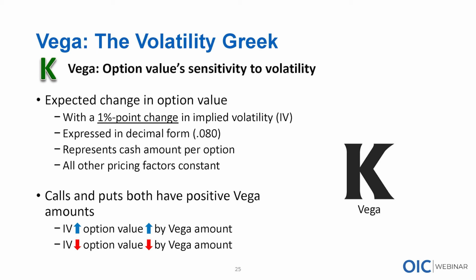So once again, as implied volatility goes up, the option value goes up, and when implied volatility goes down, the option value goes down. Now, implied volatility will affect options differently depending on whether you're looking at near-term or farther-dated options. Options that have more time premium in them are going to be affected to a greater degree by changes in implied volatility than near-term options.